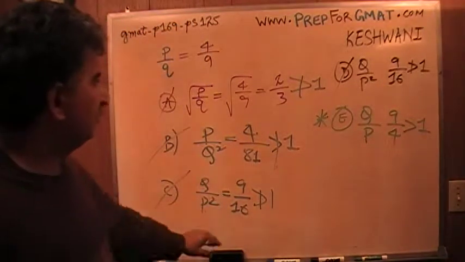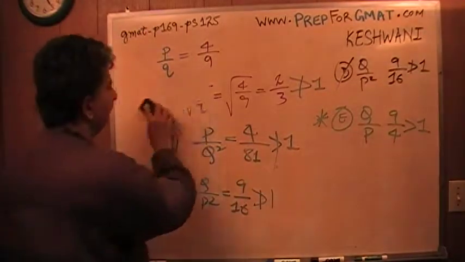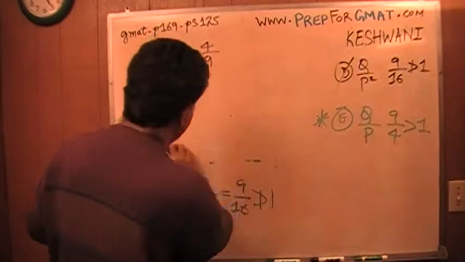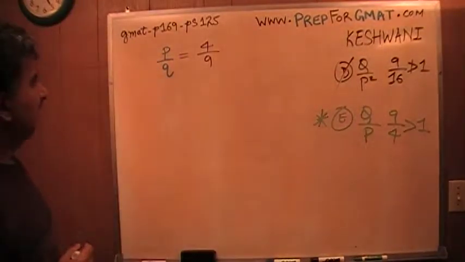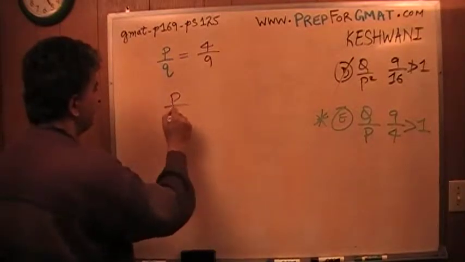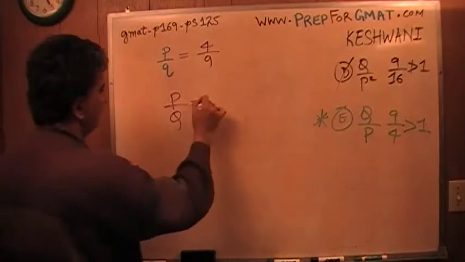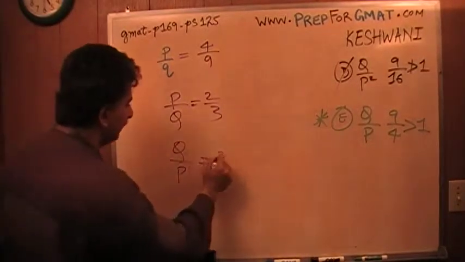Let me quickly explain why the answer is E. I'm going to erase A, B, C here because I need the room. Why is the answer choice E? It's very simple. If P over Q, I'm told, is less than 1, say for example 2 over 3, then of course Q over P, when I take the reciprocal, is going to be 3 over 2.